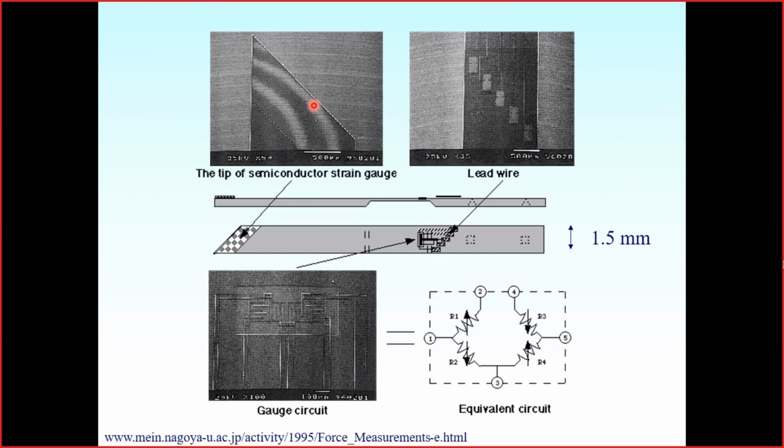And this strain gauge works in a slightly opposite way: it vibrates all the time, and the amplitude of the vibration, and more often the resonance frequency of this vibration, will be different for different masses of this cantilever.